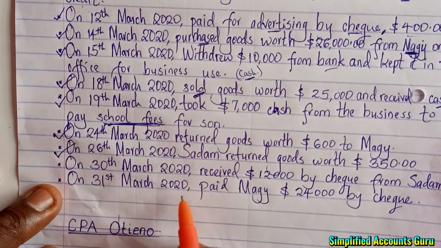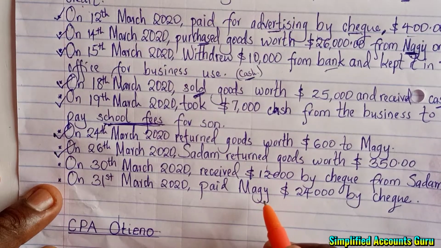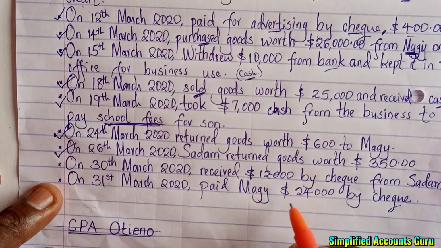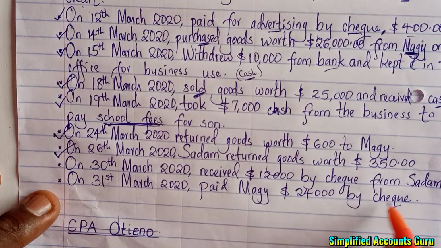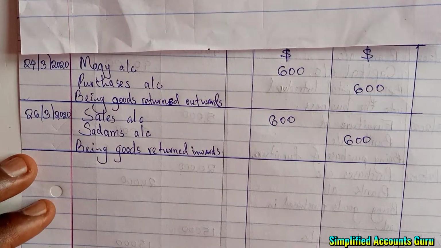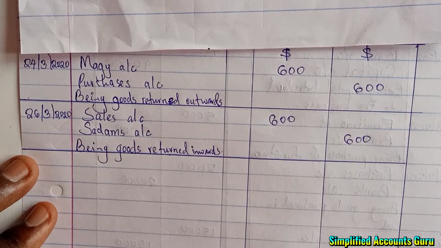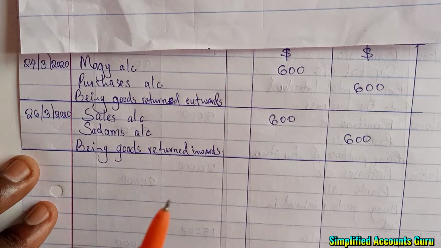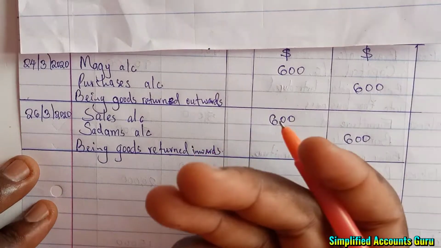On 30th March 2020, received $12,000 by check from Saddam. So Saddam, who is the debtor, is paying $12,000 in settlement of the debt that he had. Saddam being a debtor and reducing the debt, that is an asset being reduced, and a reduction in the asset is credited.